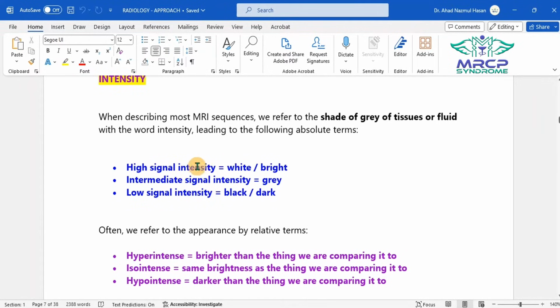High signal intensity is white or bright, low signal intensity is black or dark, and intermediate signal intensity is similar to gray.